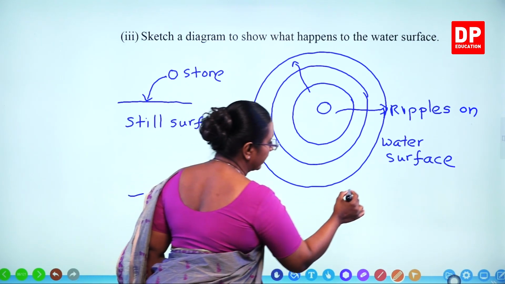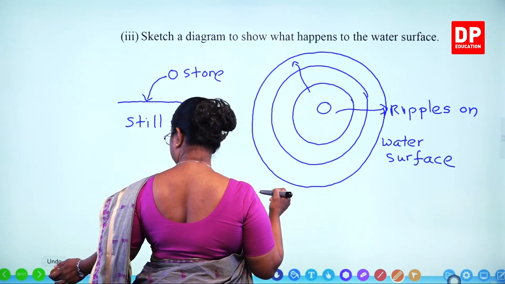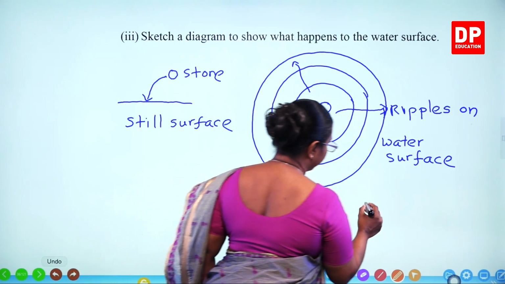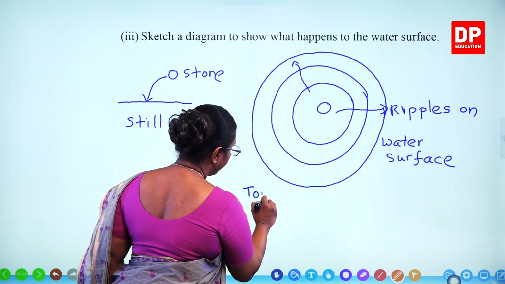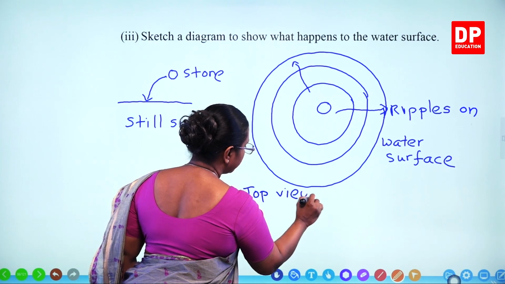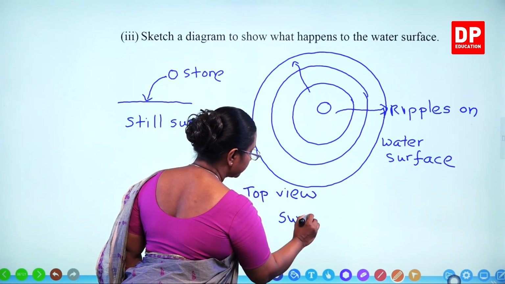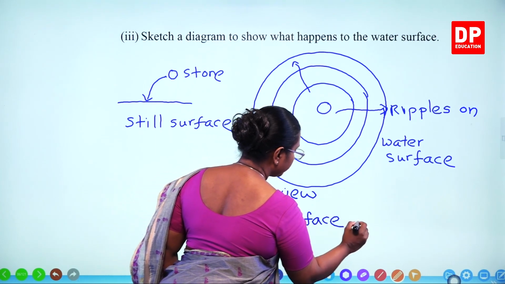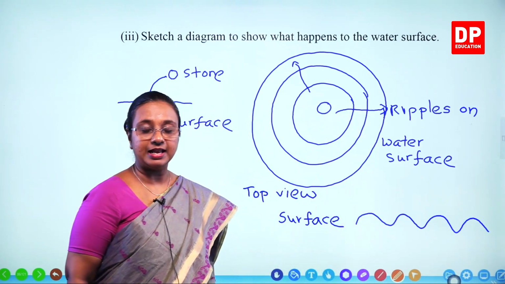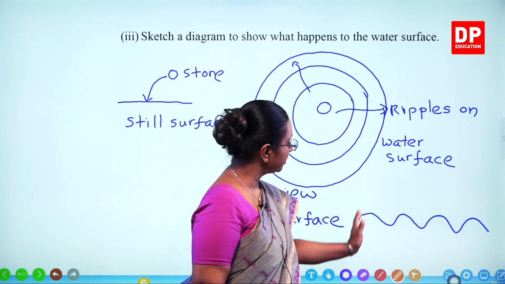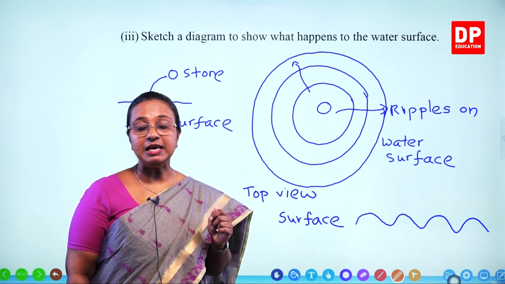But when you look at the waveform from the surface, or I will just show only the waveform, you can see, let's say if this is the top view, you can see the ripples this way, and if you look at the surface of water, you can see that it moves in a manner like that. And also closer to the disturbance, this part will be higher, the amplitude of the wave will be higher.